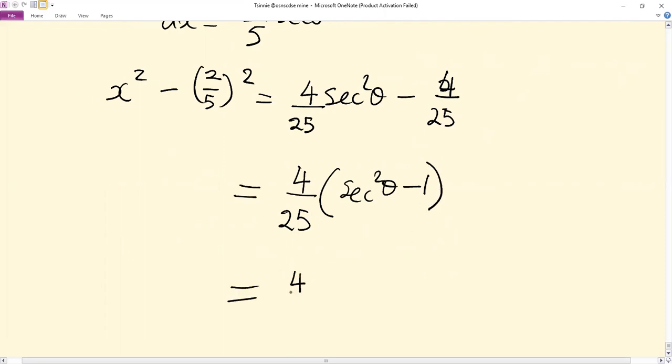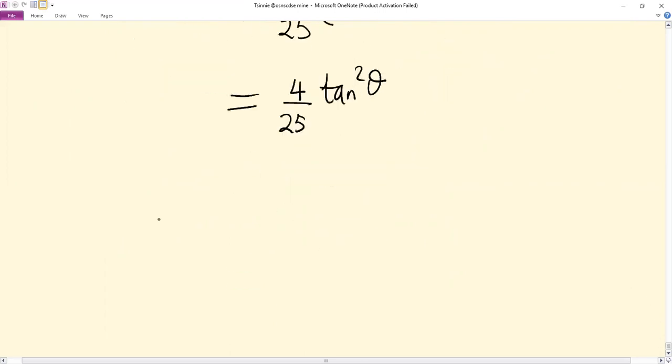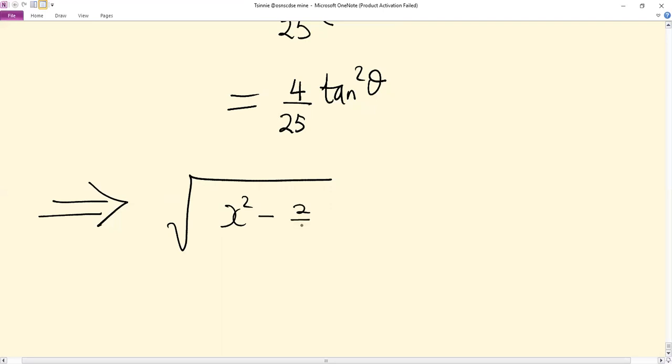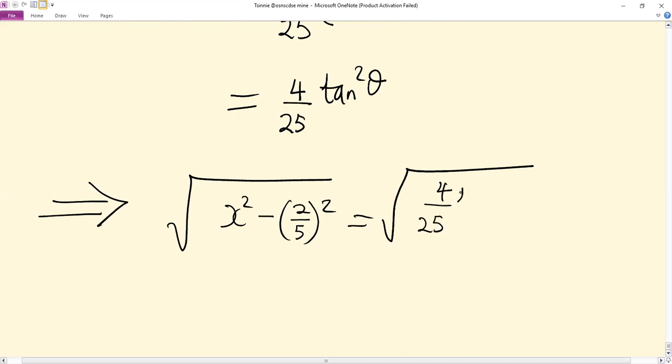Then this is the definition of tan squared theta. So the square root of x squared minus 2 over 5 squared is the square root of 4 over 25 tan squared theta, and this gives us 2 over 5 tan theta.